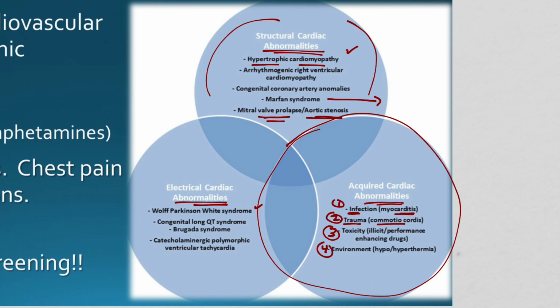Has anyone heard of that before? Well, if not, it is a condition in which a sudden blunt impact to the chest causes sudden death in the absence of cardiac damage. So in other words, the patient is completely healthy, takes a blow to the chest, and instantaneously they collapse on the field, right? And we can see that with Damar Hamlin.